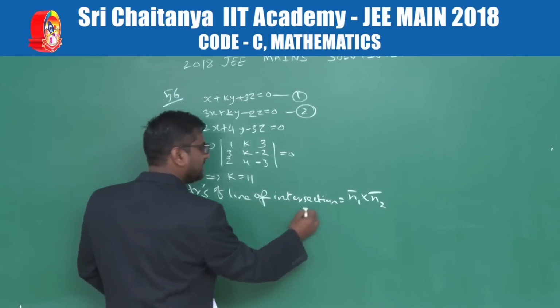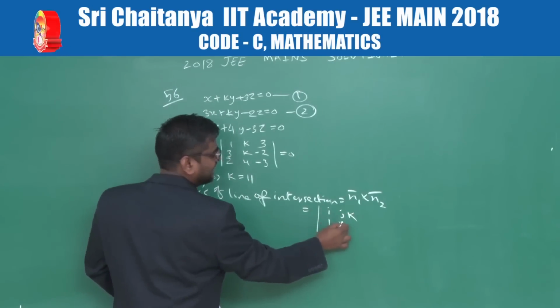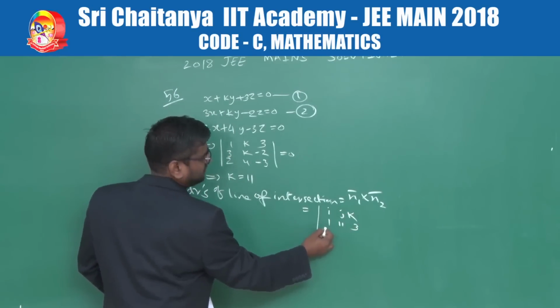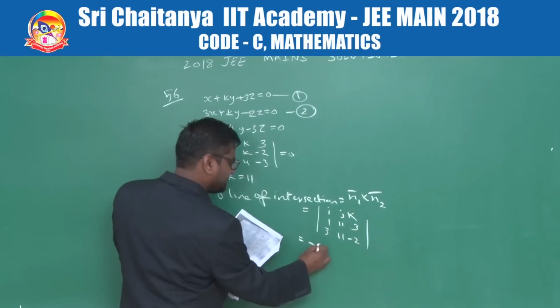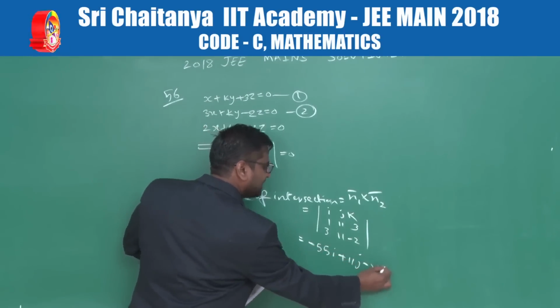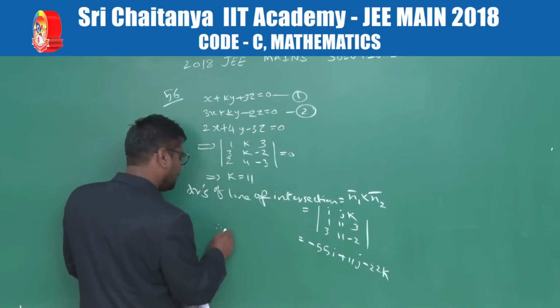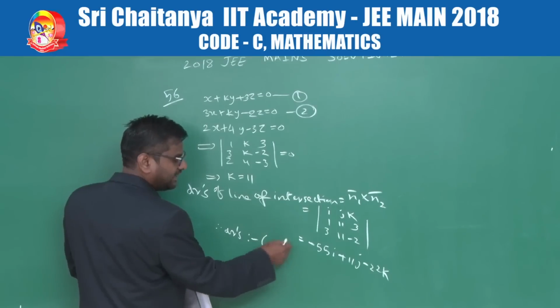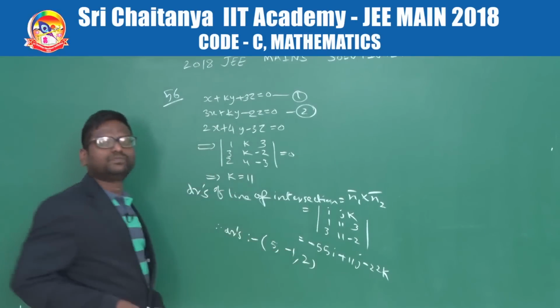So n1 cross n2, if we find i j k, 1 k, with k as 11, and 3, 11, -2, then we get -55i + 11j - 22k. If we pull out -11, the DRs we can take as 5, -1 and 2.